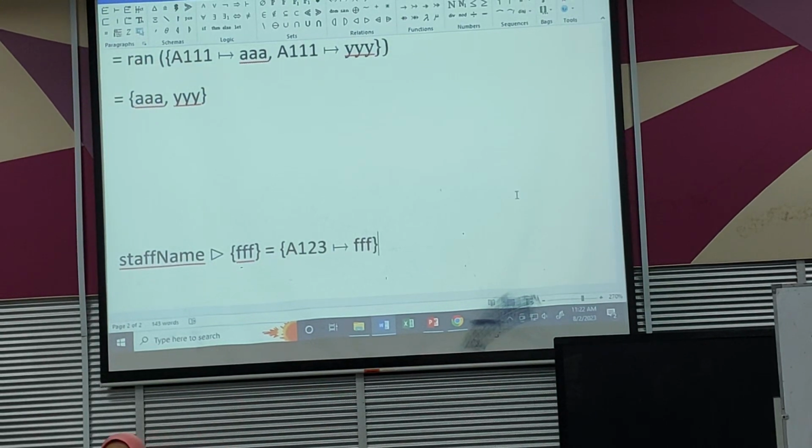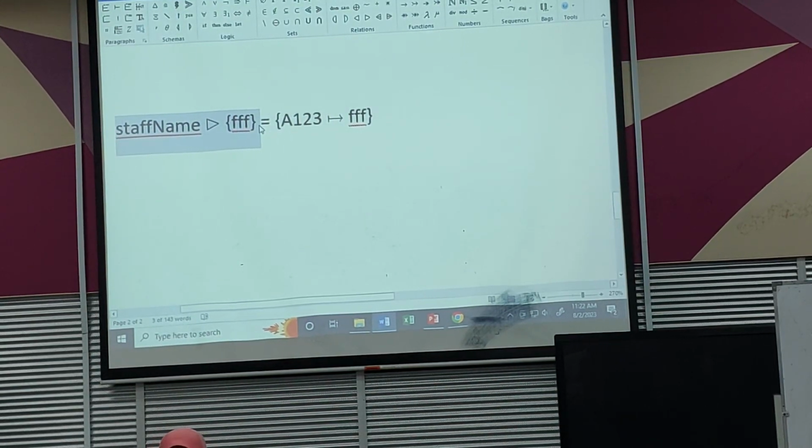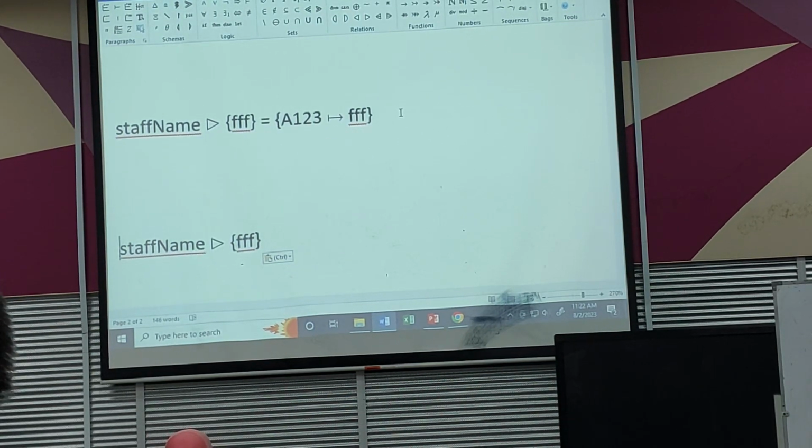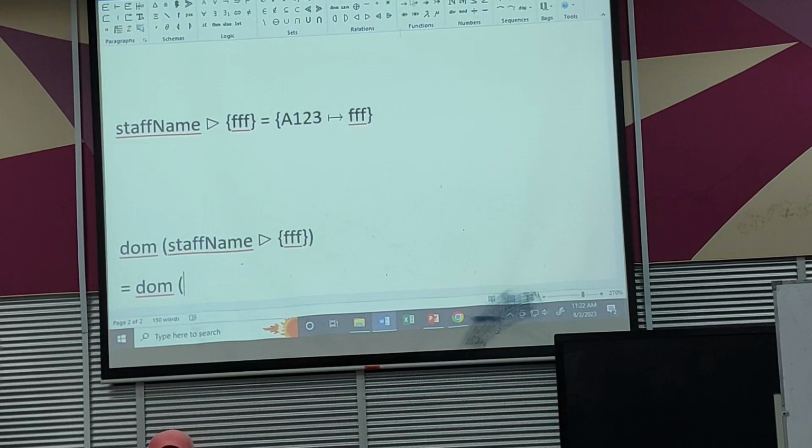Okay? So if let's say you want to know the ID of that person, you just do, because ID is domain, then in front here you put DOM bracket the whole thing. So what you will get is DOM of this one.